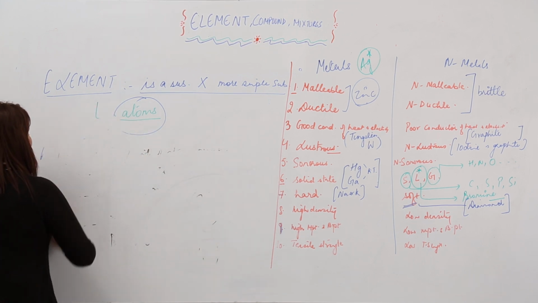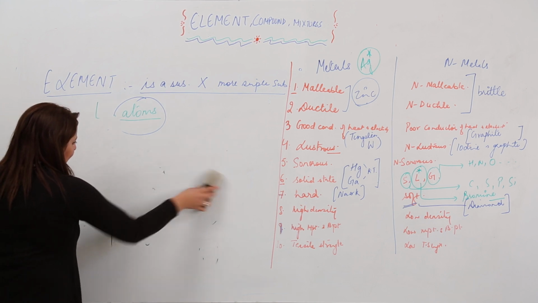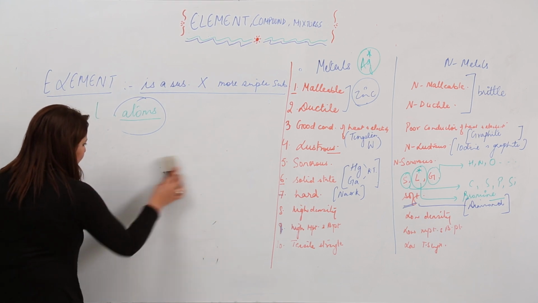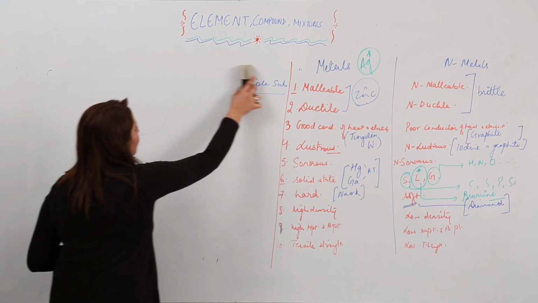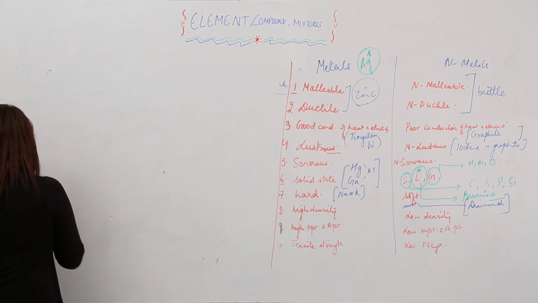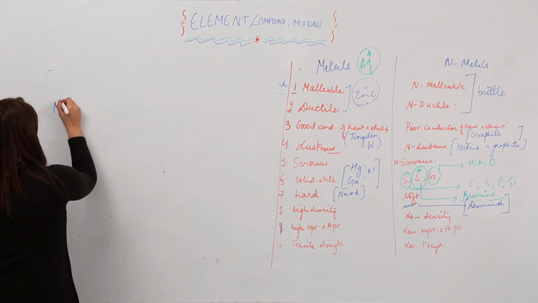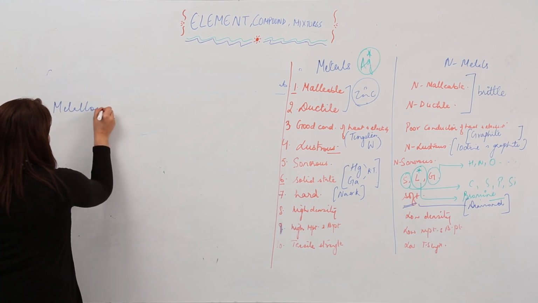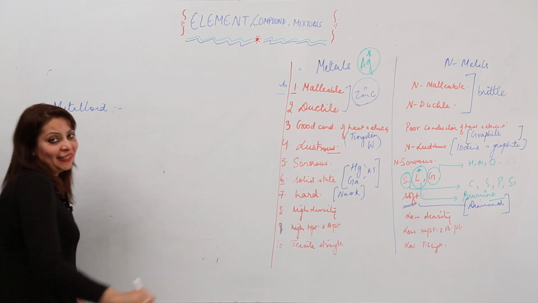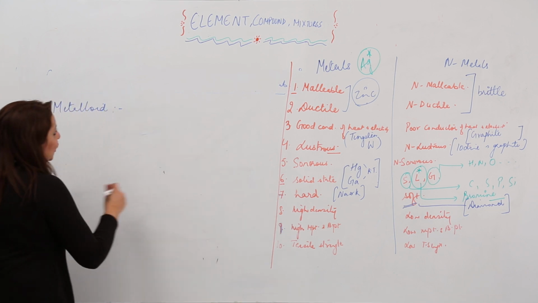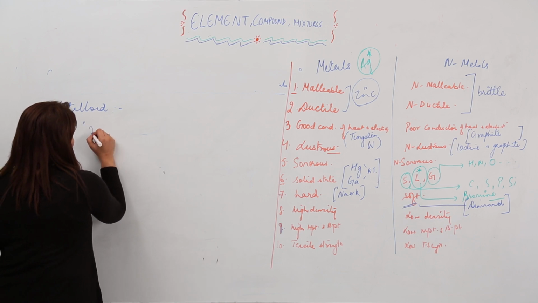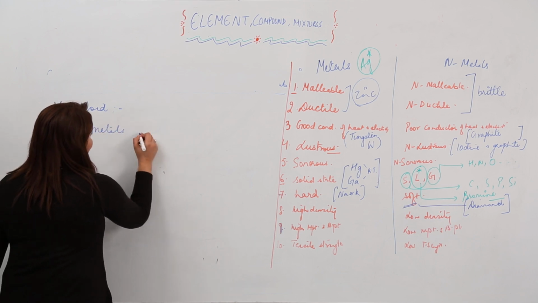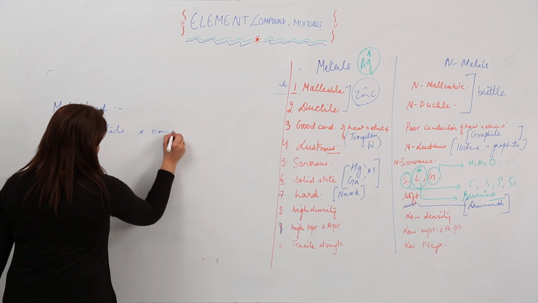So what do you mean by the term metalloids? I think you are familiar with this term, you must have heard it before. A metalloid is an element, you need to specify that it is an element. The metalloid is a form of element which has the properties of metals as well as the properties of non-metals.